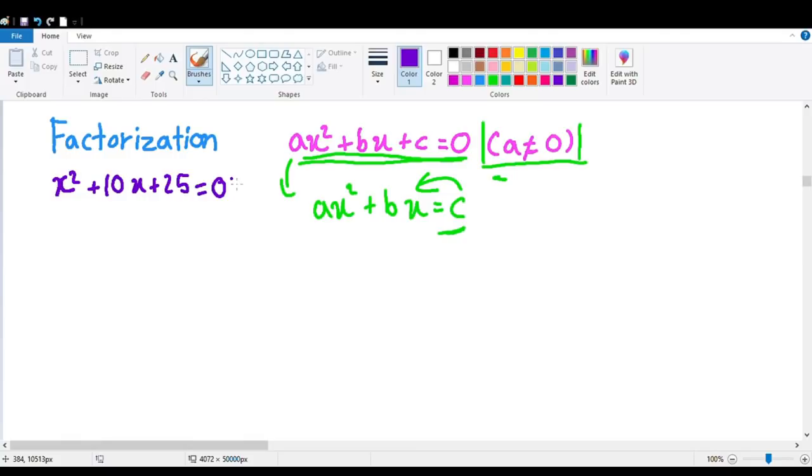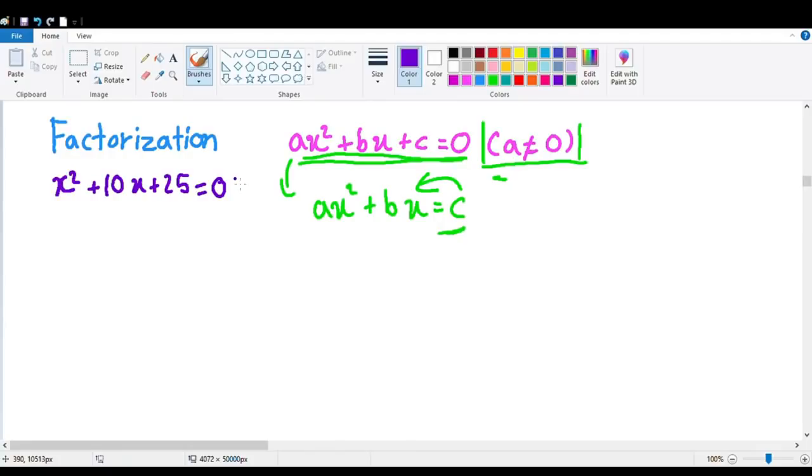This is already in standard form, so there's no need to apply this rule, because even if you do, you'll get the same thing that's written right there. If the constant term was on the other side, you would shift it to this side. But other than that, it's already in standard form, so let's move on to the second step.